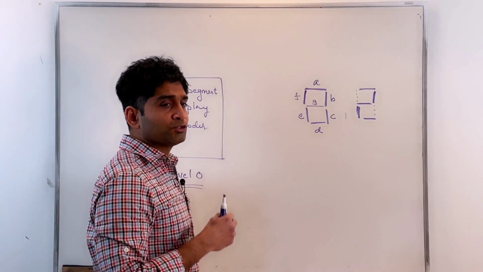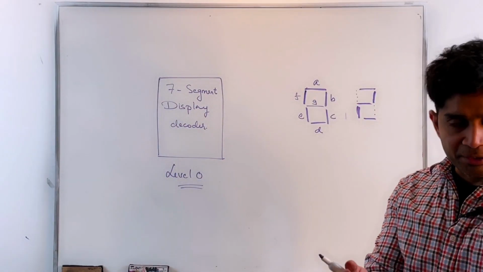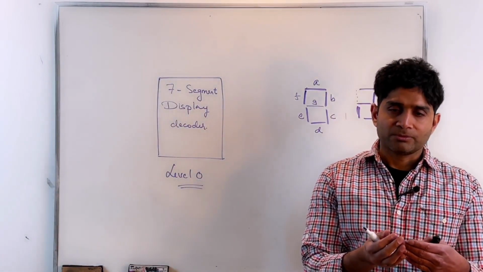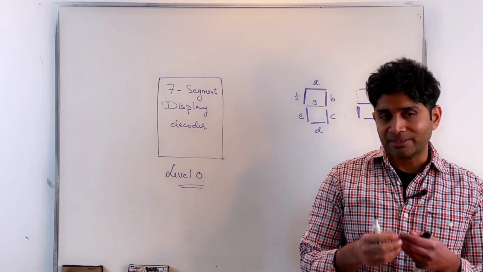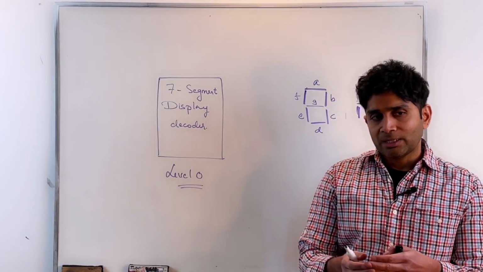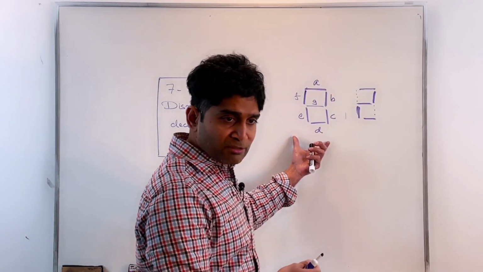What is this supposed to do? It's supposed to take in a binary coded decimal value that could be a result of an operation, a single binary coded decimal value, and display that on my 7-segment display, something like that.